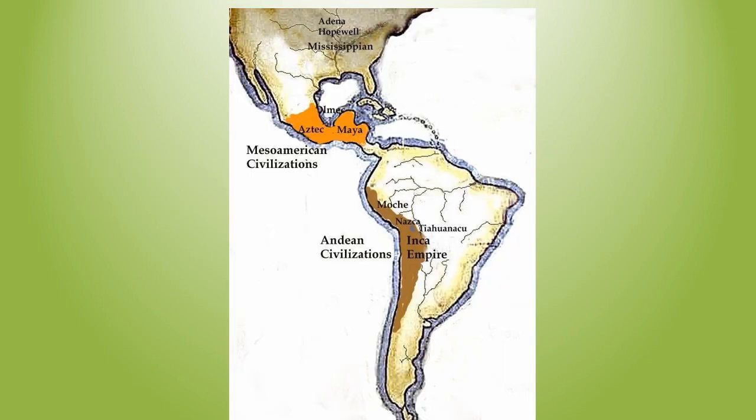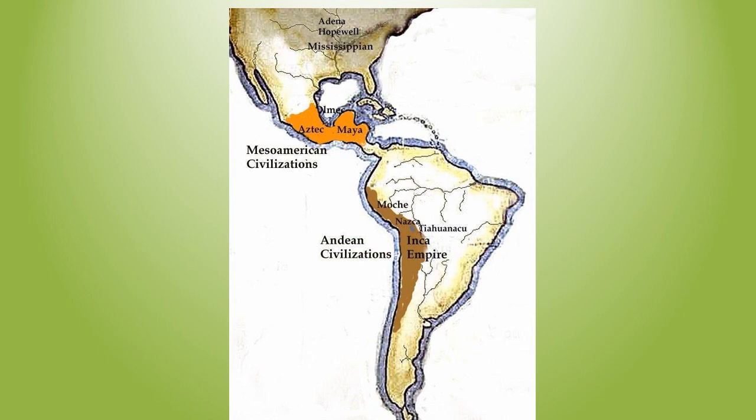Okay, so just to orient you, this is the area of the world that we're talking about. Like I said, we're not going to discuss the Aztec and Inca empires in this lecture. That'll come later. But you can see the area where the Maya form is just south of Mexico.